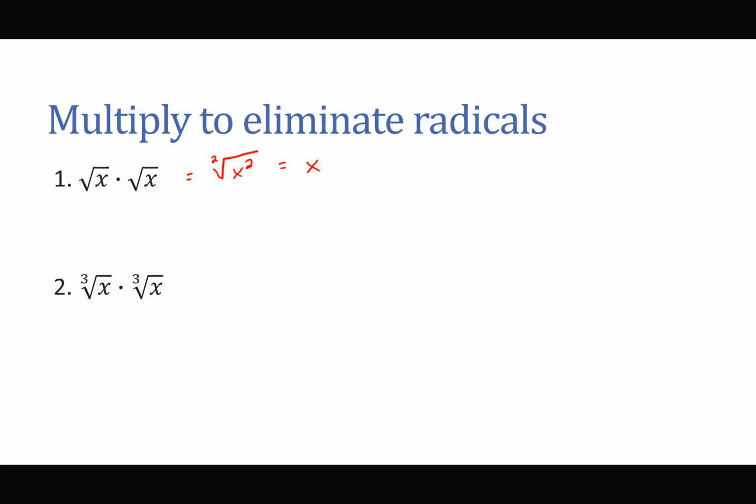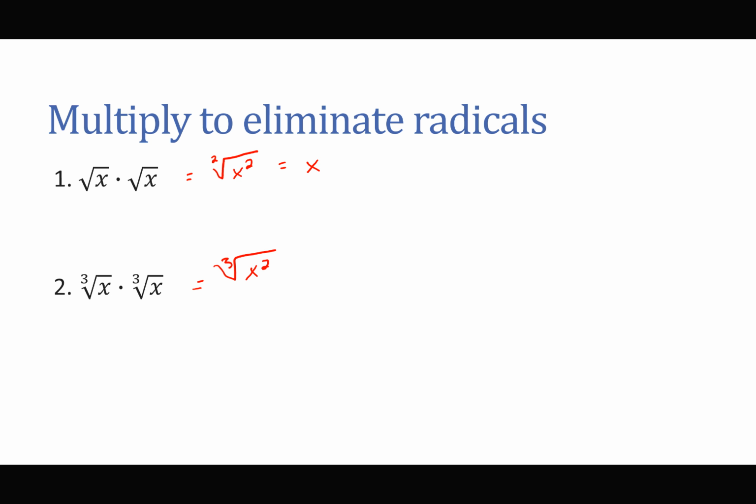What about cube root of x times the cube root of x? What's that? Cube root of x squared. My index and my exponent do not match up. This would be as far as I could go.